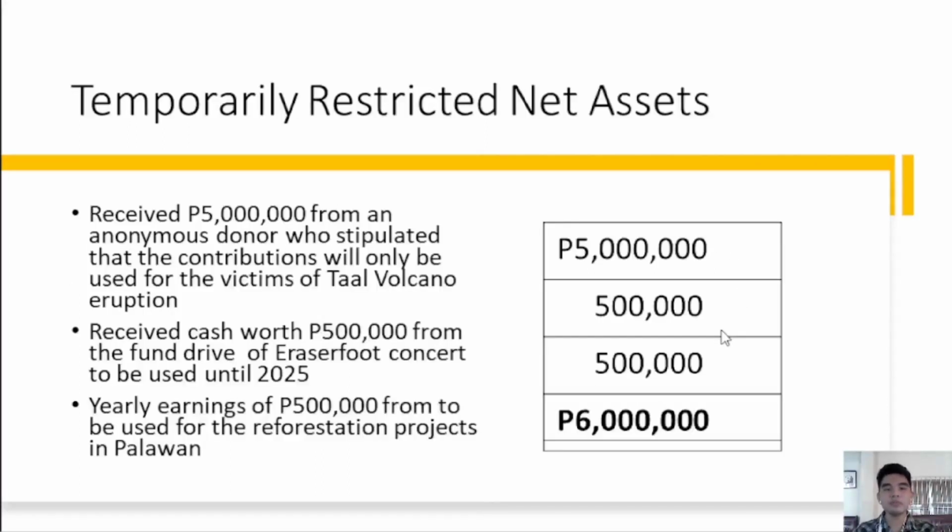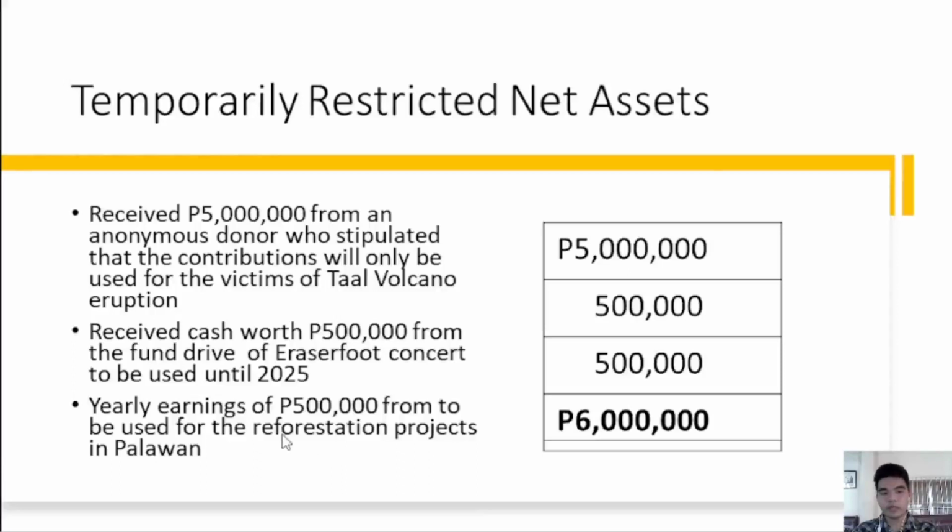Now, let's go into the temporarily restricted net assets. It includes the 5 million pesos received from an anonymous donor with a stipulation that it will only be used for the victims of the Taal volcano eruption. The cash received worth 500,000 from the fund drive of Eraser Foot Concert to be used until 2025, so there are restrictions to it.